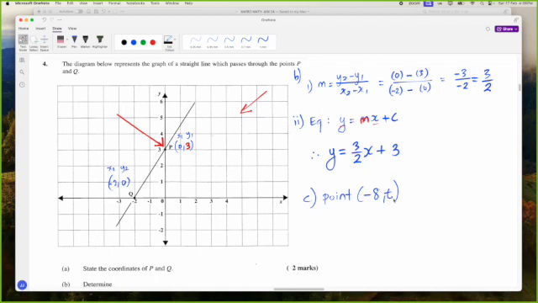Because I have a point here, I have an x value, and I want to find the corresponding y value, right? So I just put the x value in the equation, and I'll be able to get the y value. So y is equal to 3 on 2 x, which is negative 8, plus 3.